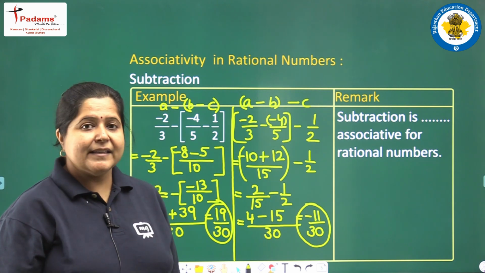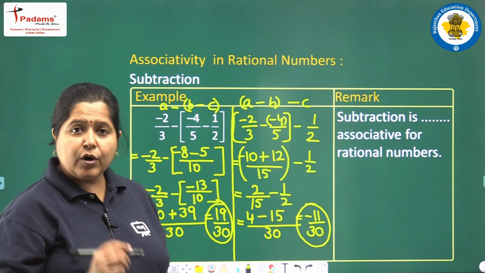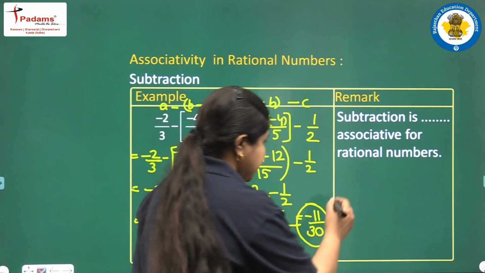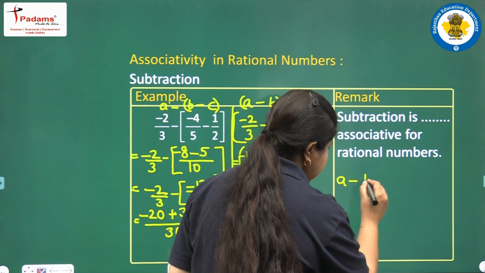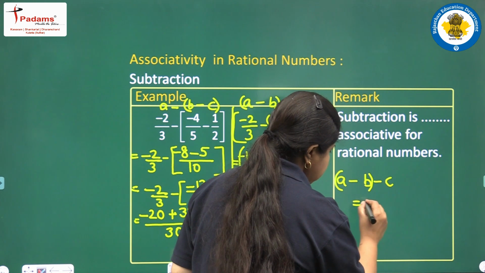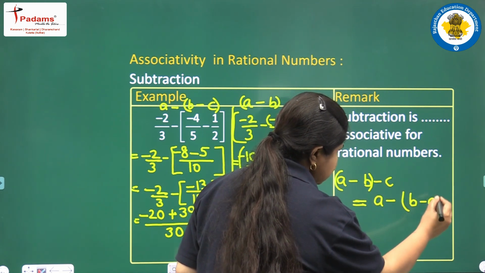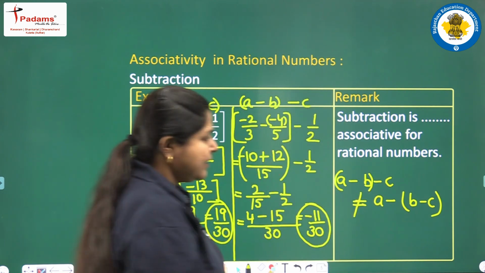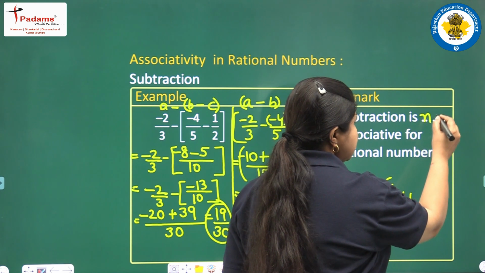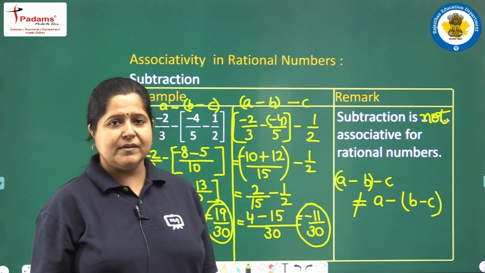This means that when we subtract, changing the order of numbers changes the answer also. So we cannot say that (A minus B) minus C is equal to A minus (B minus C). In fact, they are not equal. So we can say subtraction is not associative for rational numbers.